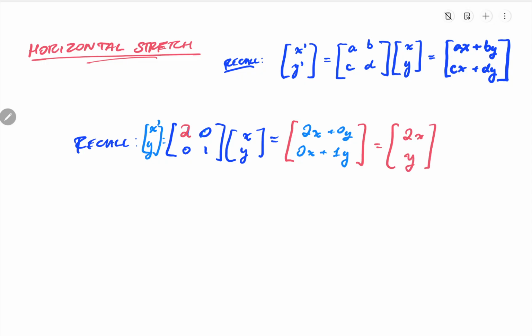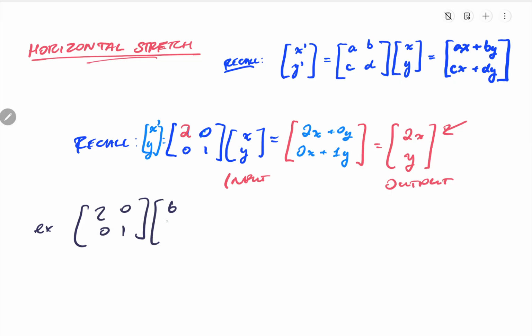So if we look at our input and our output, the x coordinate, if we think about this in a Cartesian manner, will be twice as far away from the origin as the original. So if we apply that to our example, we have this matrix times some random numbers.